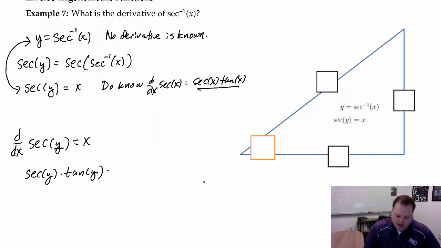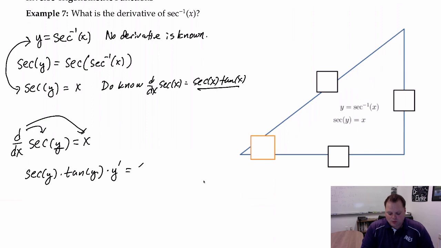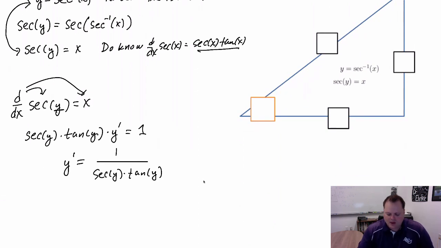The inner function is y, and its derivative is y prime, equals x. I'm going to take the derivative of both sides, and the derivative of x is 1. So y prime is 1 divided by secant y times tangent y.